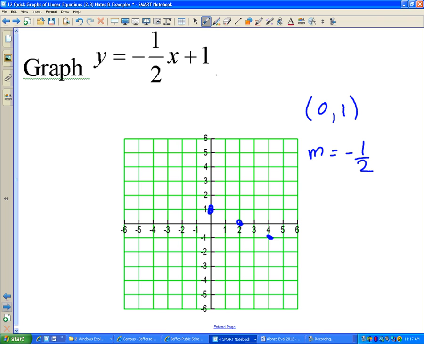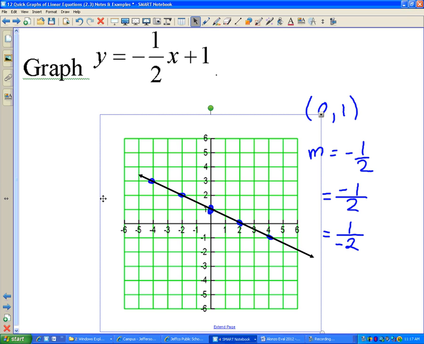Or remember, I did negative 1 over 2. That is the same as 1 over negative 2. So I can go up 1, left 2, up 1, left 2. And there's my line again. A little off, so I'm going to straighten it out. But those are my quick graphs using slope-intercept form.